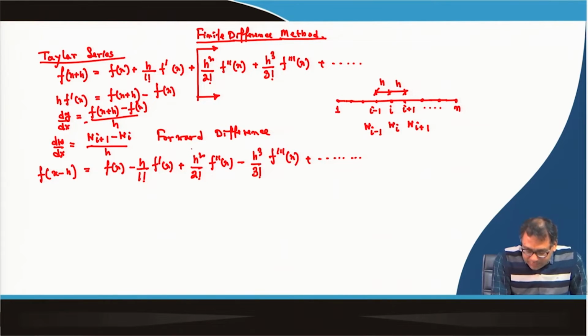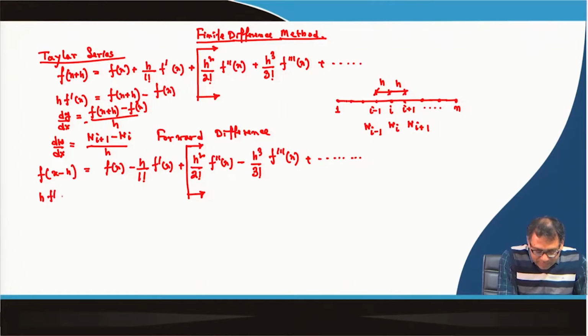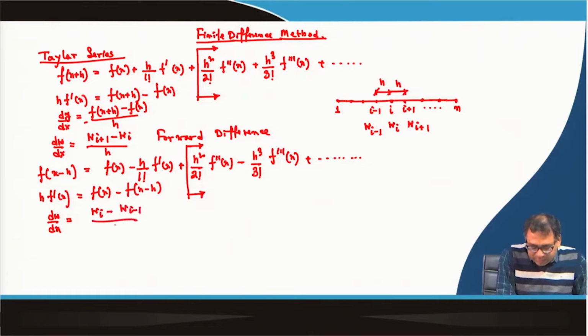Now again if I neglect the h square term, then I can write h f'(x) is equal to f(x) minus f(x minus h), or dw/dx will be equal to w i minus w i minus 1 divided by h. This is called the backward difference method.